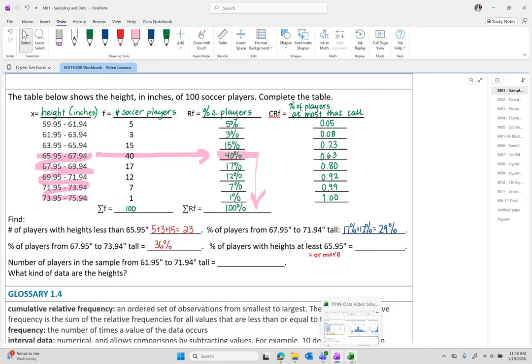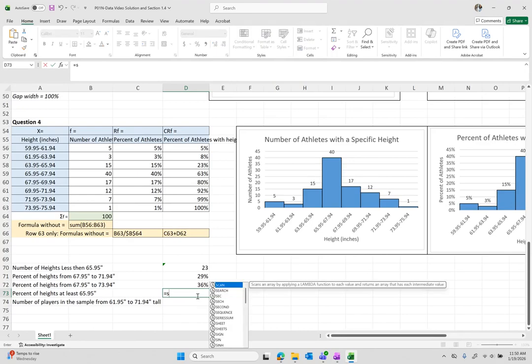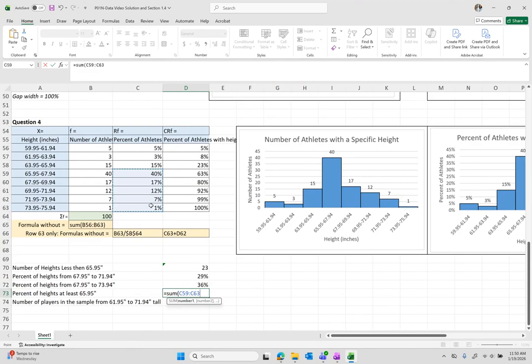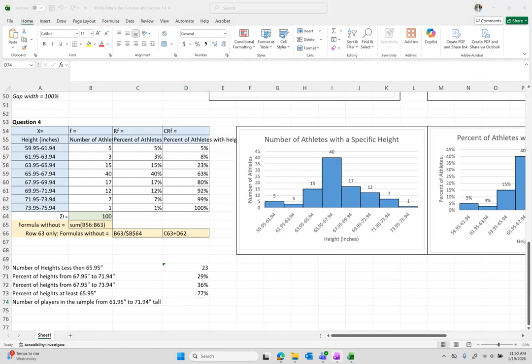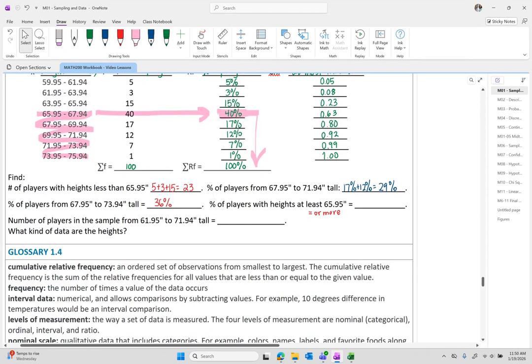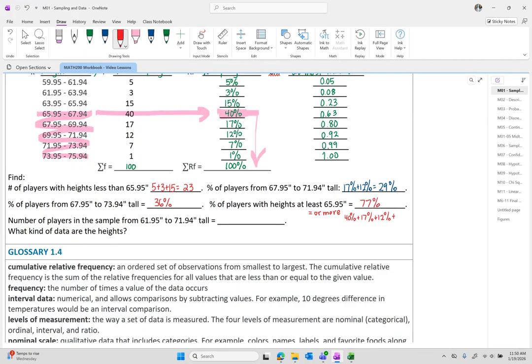So again, I will do that in Excel because it's much easier, equals the sum of, and I will highlight 40 to 1% and close it, and this will be 77%. So this is 77%. And how did I find it? I did 40% plus 17 plus 12 plus 7 plus 1.